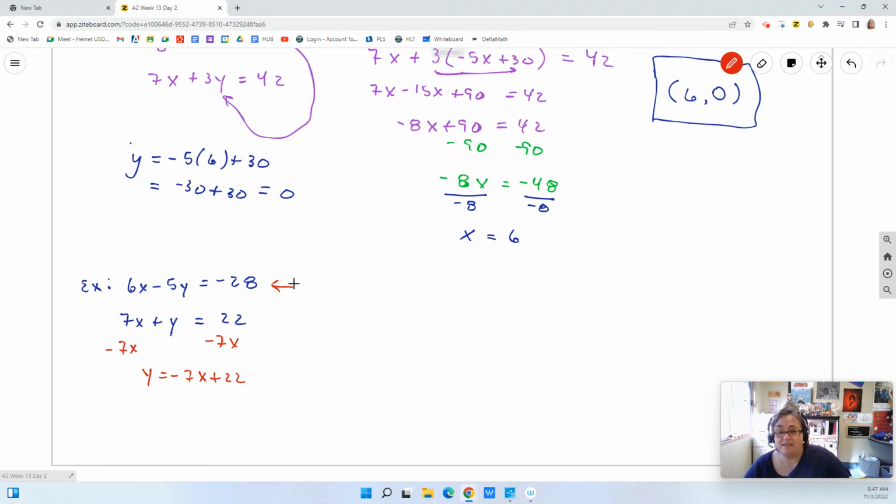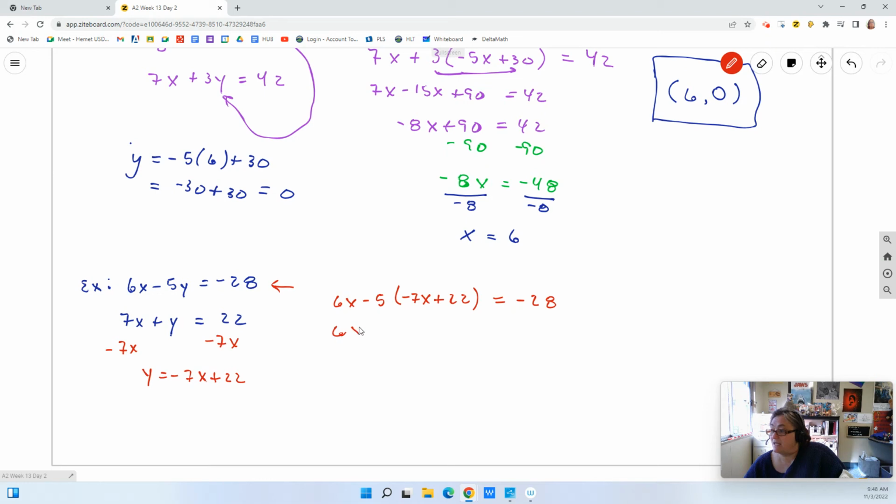I can't plug it back in there. I'm not going to get anything from that. I have to do it in the other equation. So I have 6x minus 5y, but I know that y equals negative 7x plus 22, equals negative 28. And now I can solve and figure out what my x is.